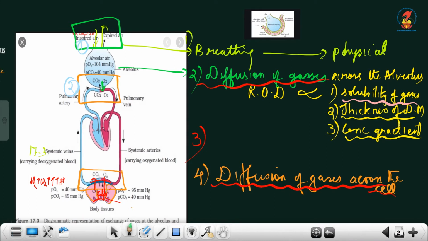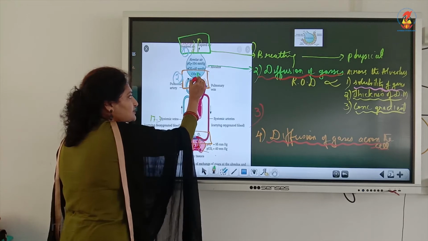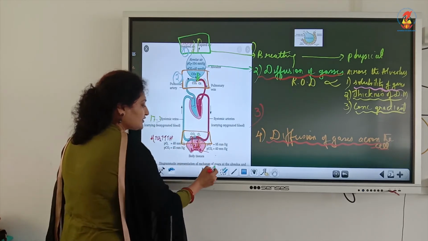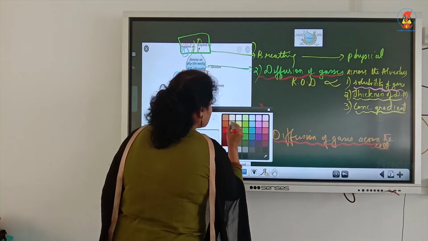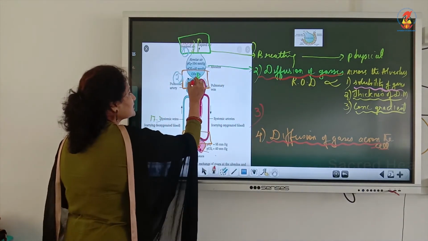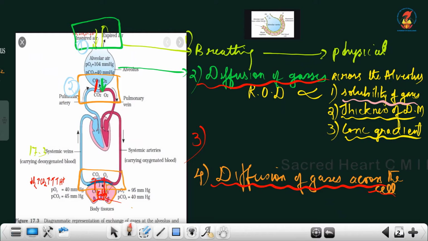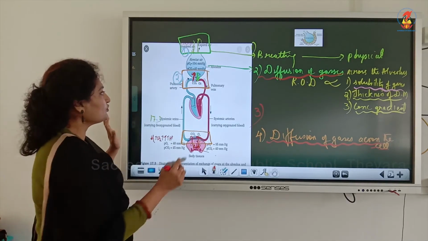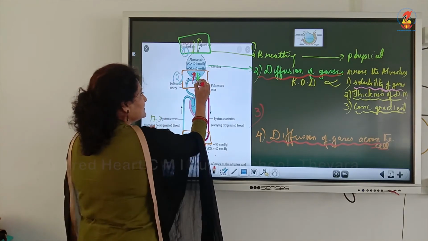So, the arrow down, once again the oxygen from the alveolar space got into the blood. At the same time, with another color, let it be red, carbon dioxide from the blood got into the alveolus. Why? Because of the concentration gradient, from a region of high concentration to a region of low concentration, exchange took place. Now you focus only on this side.